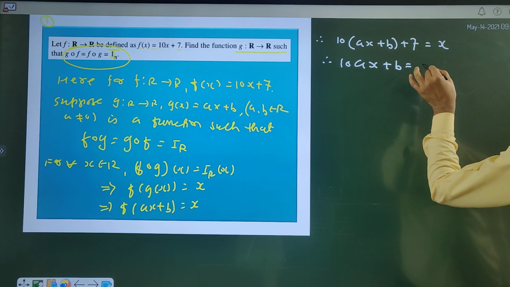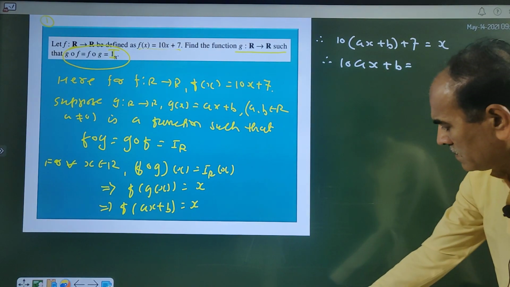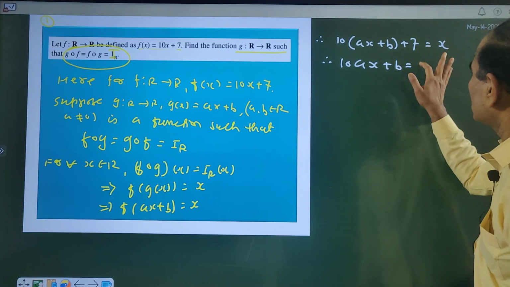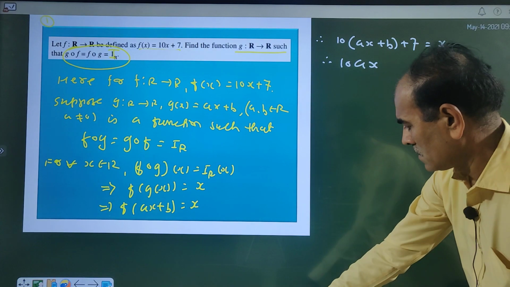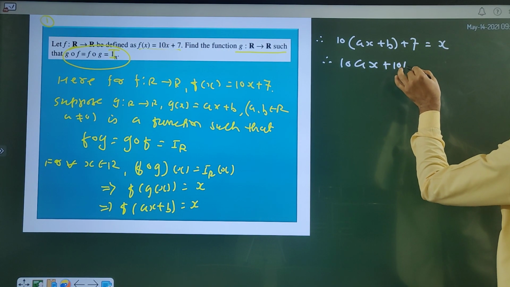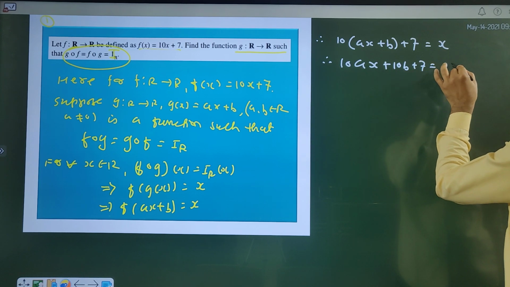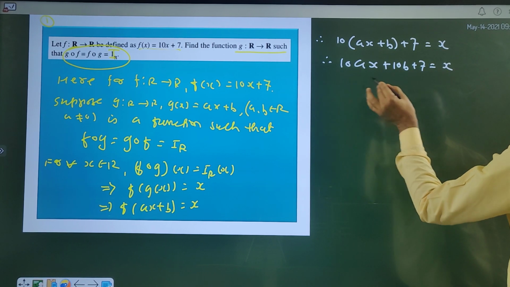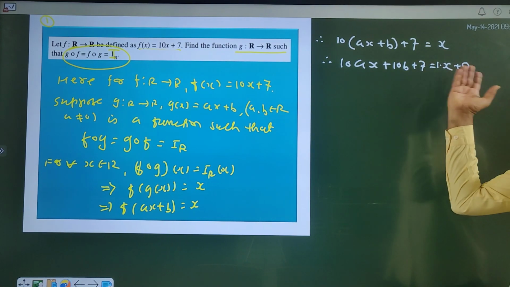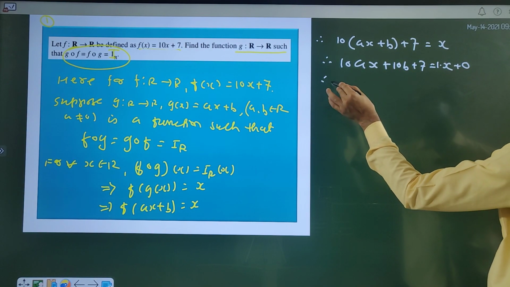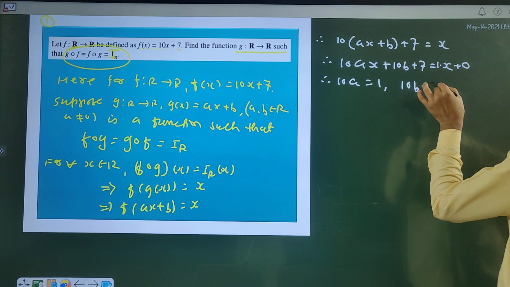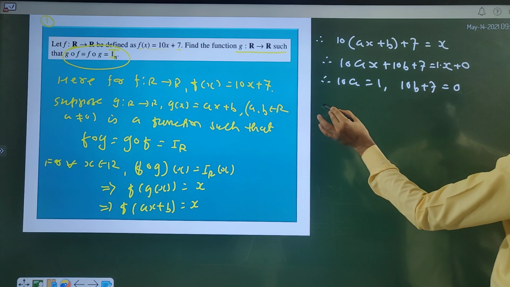And therefore 10ax plus 10b plus 7 is equal to x. So can I write here 1 into x plus 0? Yes. Now compare coefficients. 10a is equal to 1, 10b plus 7 is equal to 0.